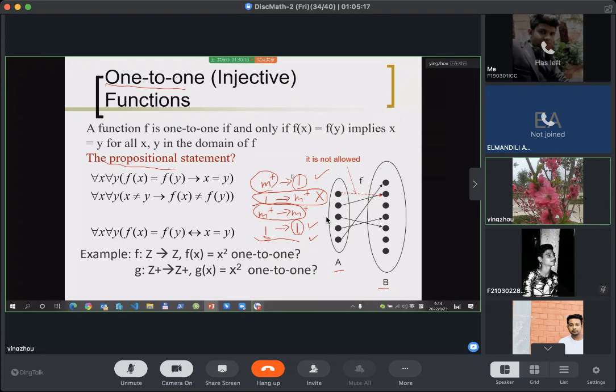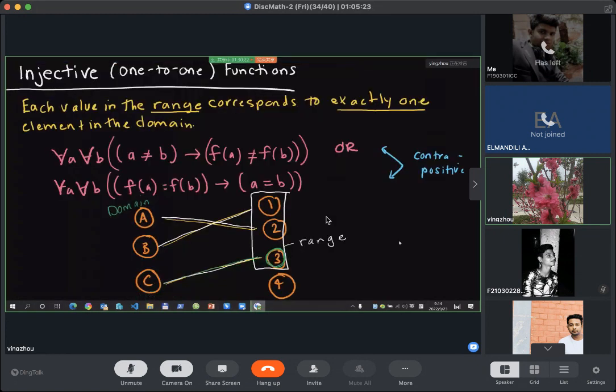So one-to-one means that if you give one element as input, we are going to have one element as output. Similarly, if you know one output, we can also infer that one input. So, yeah, one-to-one.